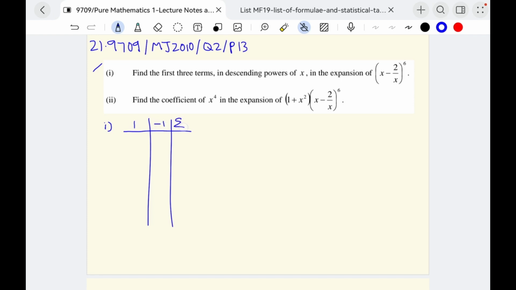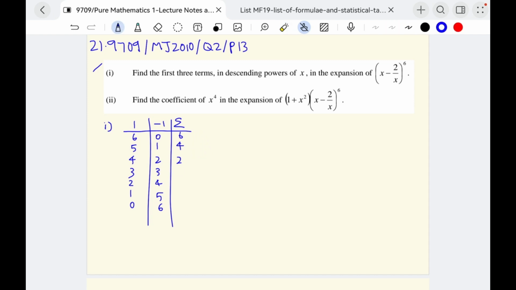And then the sum. 6, 5, 4, 3, 2, 1, 0. 6, 5, 4, 3, 2, 1, 0. And what's the sum? 6 minus 0, 6. 5 minus 1, 4. 4 minus 2 is 2. So this proves that the question was right, because for the first few terms the power is decreasing.